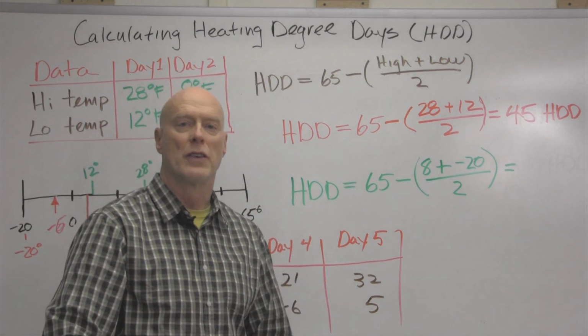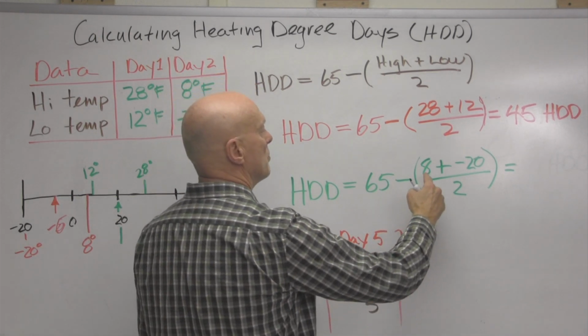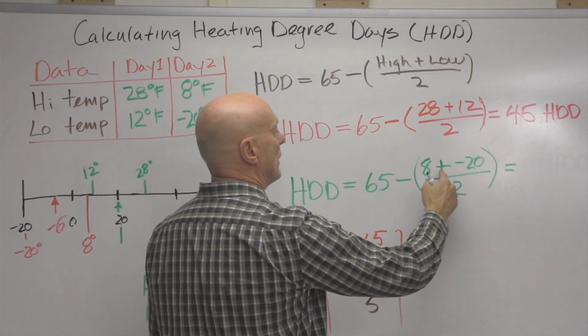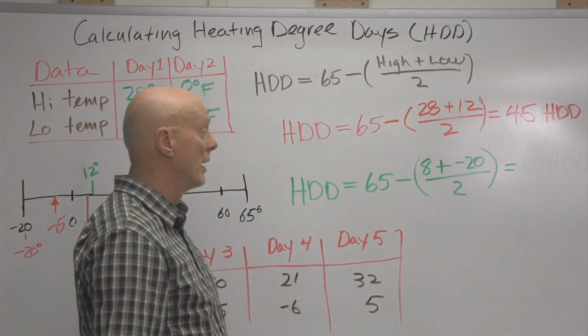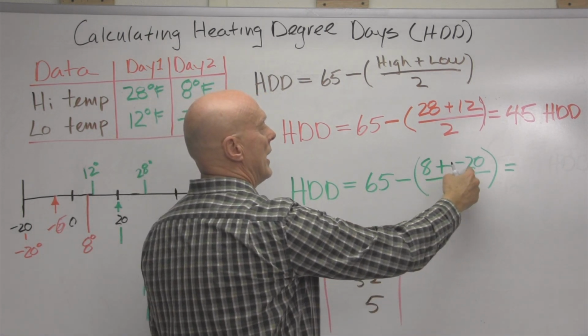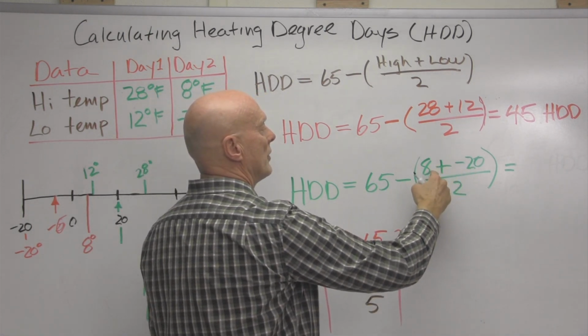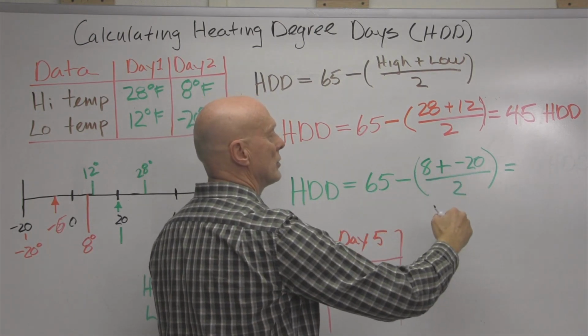All right, thank you for working that problem. Let's see if you got the right answer. I'm going to do this in my head. 8 plus a minus 20 is a minus 12, right? Because we've got a negative 20 and we've got a positive 8. Adding these two together gives you a minus 12.